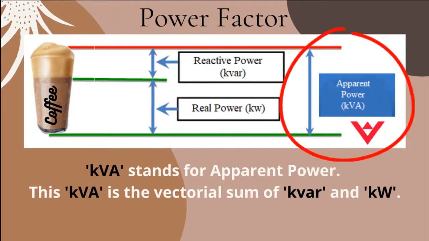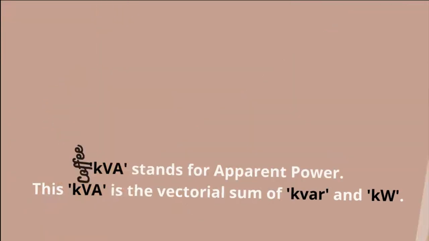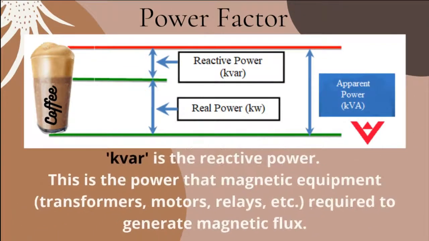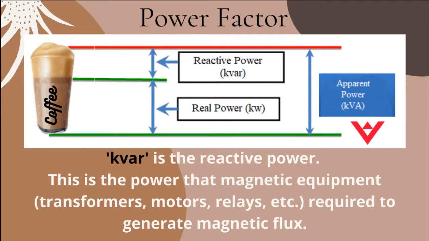This kVA is the vectorial sum of kVAR and kW. kVAR is the reactive power. This is the power that magnetic equipment requires to generate magnetic flux.